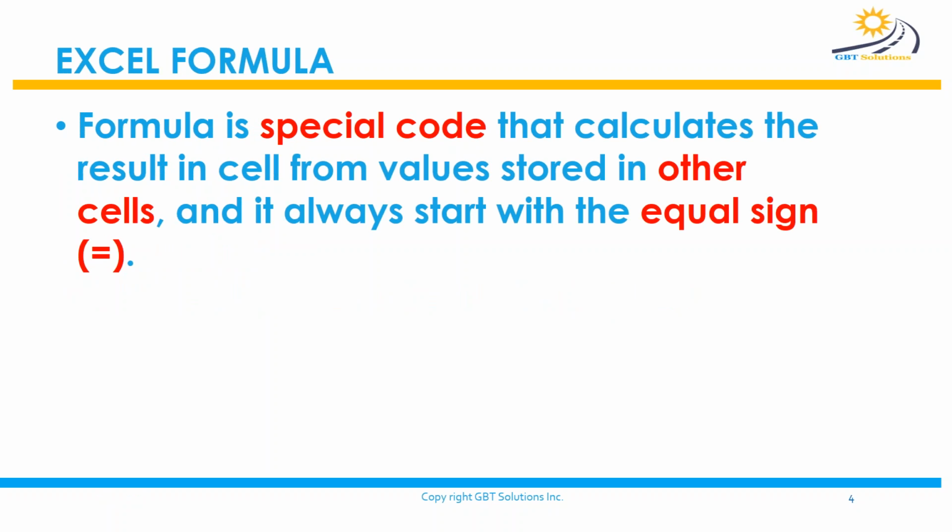So first we'll start. What is a formula? A formula is a special code. What do we mean by special code? A formula is a code that calculates the result in a cell from a value stored in other cells.